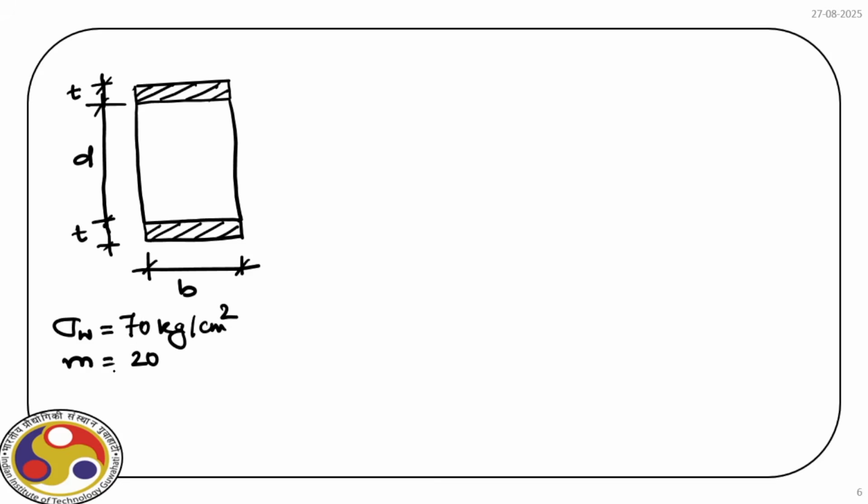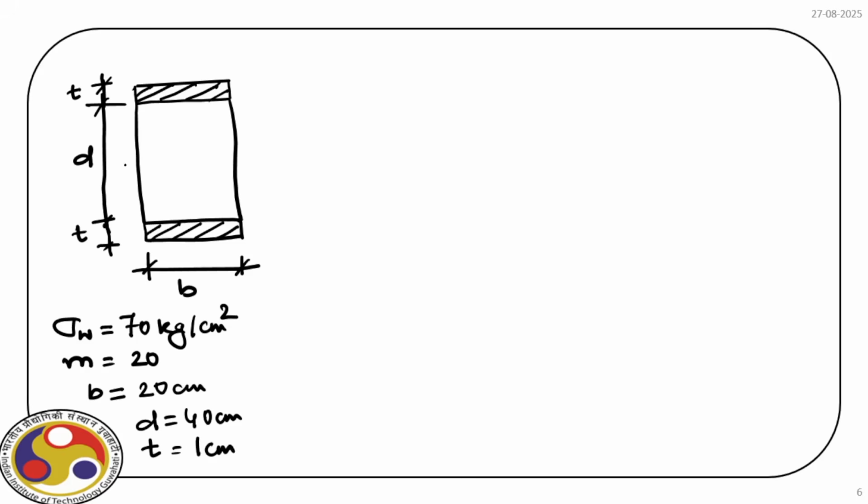Let us put the values of B, D and T. So B is 20 centimeter. Then D is 40 centimeter. And the thickness of the steel plate is 1 centimeter.